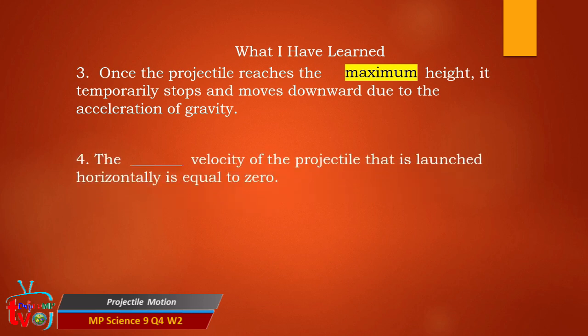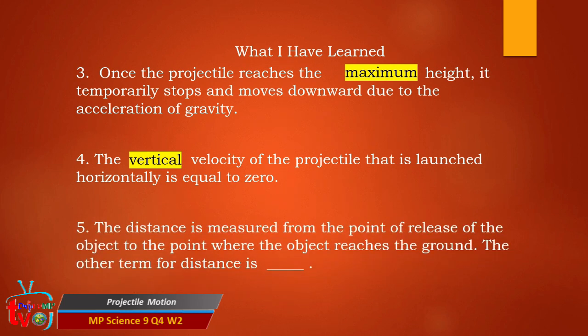Number 4. The blank velocity of the projectile that is launched horizontally is equal to 0. The correct term there is vertical.